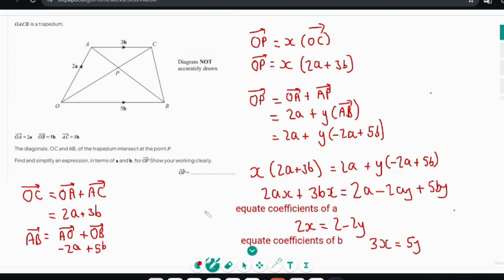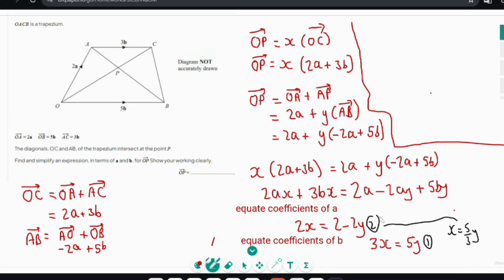Now we have simultaneous equations. Running out of space here, I might change the colour of my pen and take it to the top right-hand corner. So I'm going to make x the subject in this first equation by dividing both sides by 3, and then I will sub this into equation 2.